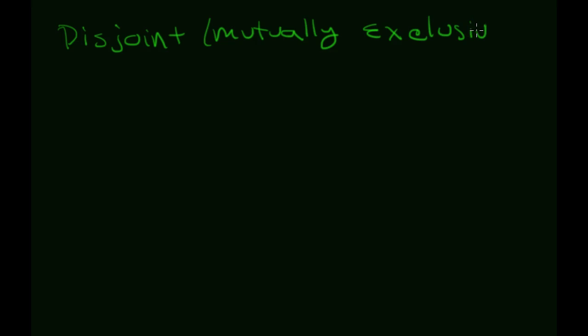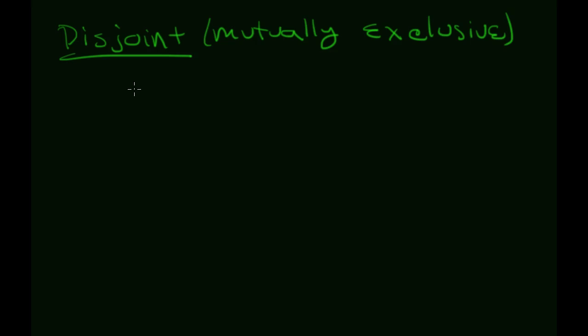Okay, it's possible for two events to be what we call either disjoint, or sometimes this is called mutually exclusive. Two events are disjoint if they cannot possibly occur at the same time.